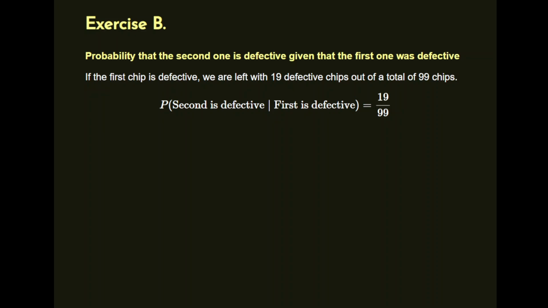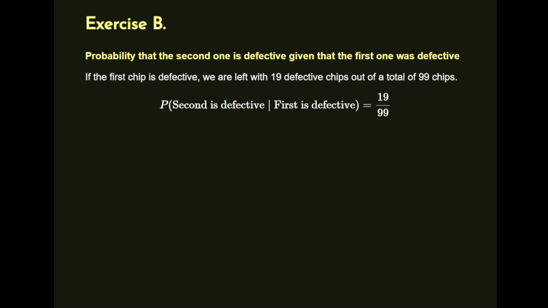Exercise B, the probability that the second one is defective, given that the first one is defective. Now this is where you have to be a bit more careful. From the previous scenario, there were 100 chips, and 20 of them are defective, and we pulled one out. That means there are now 99 chips left in the batch, and because we've taken one defective out already, there's only 19 left.